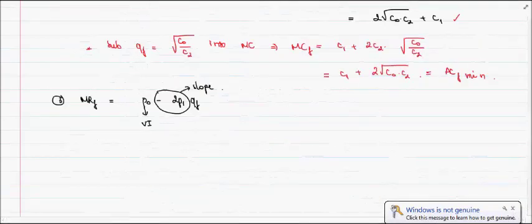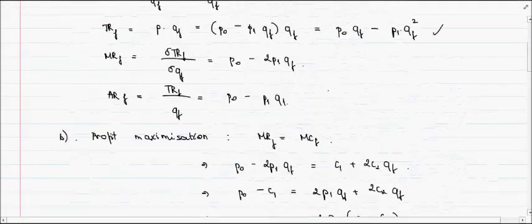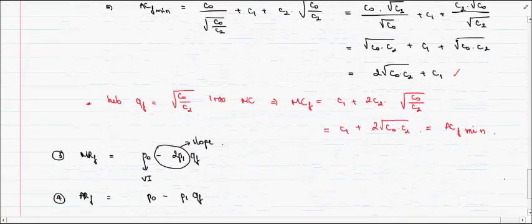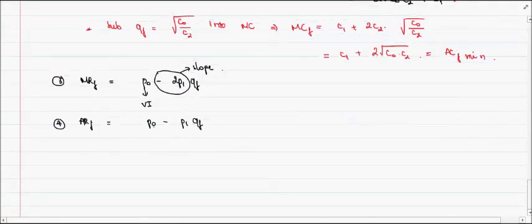Alright, and the last one is the average revenue, which is equal to P0 minus P1 QF, which is what we found earlier. Again, this is just a linear function of QF, so it's a straight line with the vertical intercept of P0, exactly the same as the vertical intercept of the marginal revenue, and the slope of negative P1.